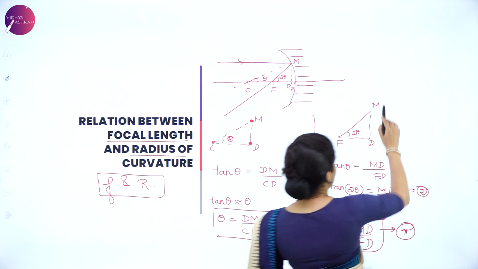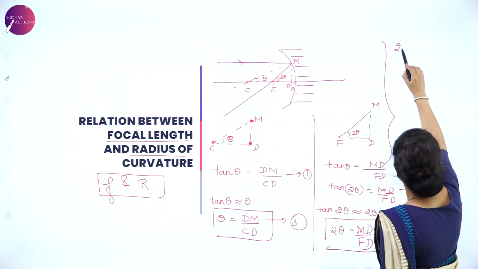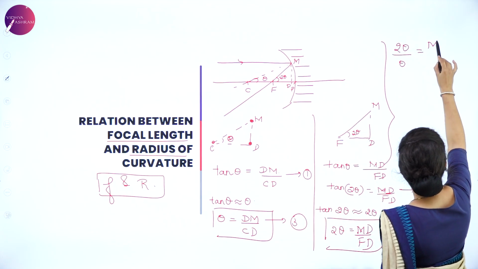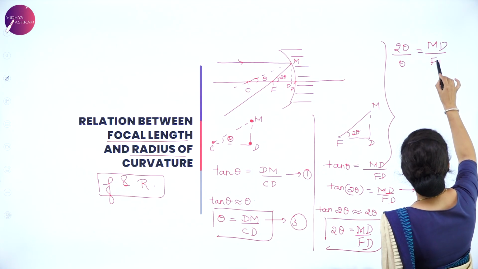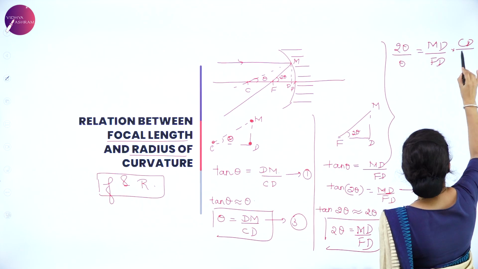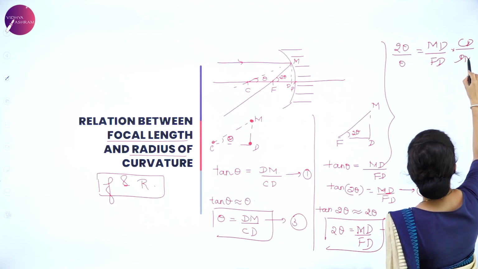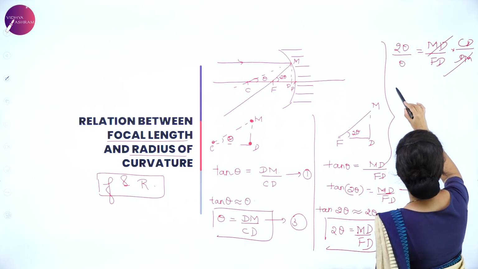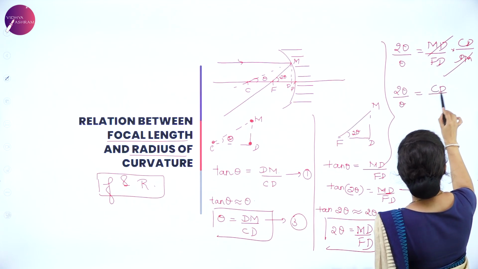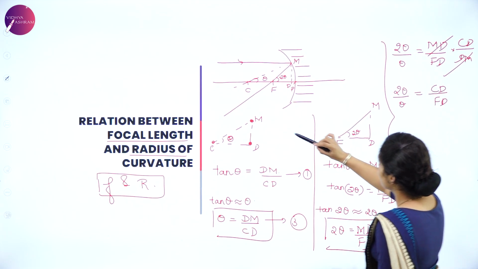On continuing, dividing, 2 theta divided by theta is equal to MD by FD, times CD by MD. Cancel. So you have 2 theta divided by theta is equal to CD by FD.